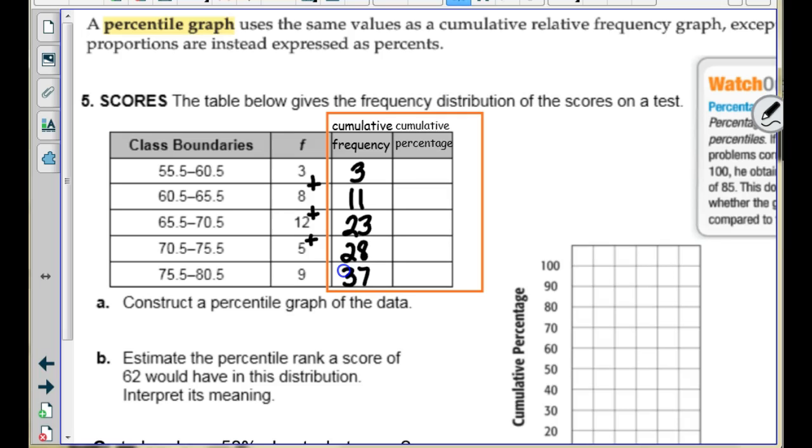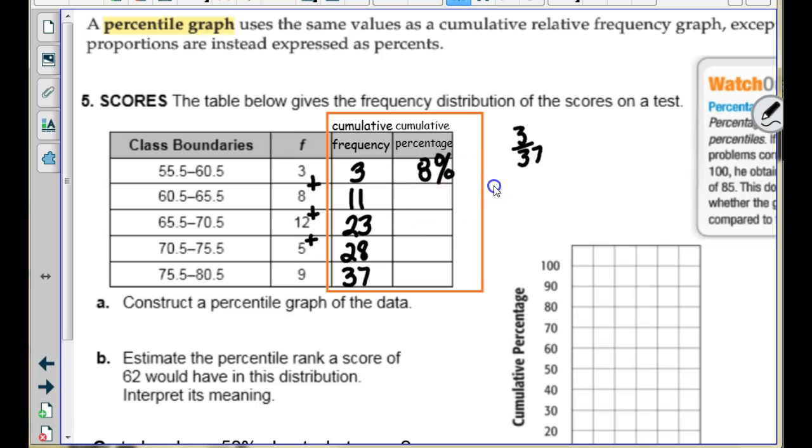So to figure out the cumulative percentile, you just divide each one by 37. Okay, I need some typers. Nice loud voices here. 3 divided by 37. Roughly. So about 8%. Okay. Move it over twice or multiply by 100. Everybody good?